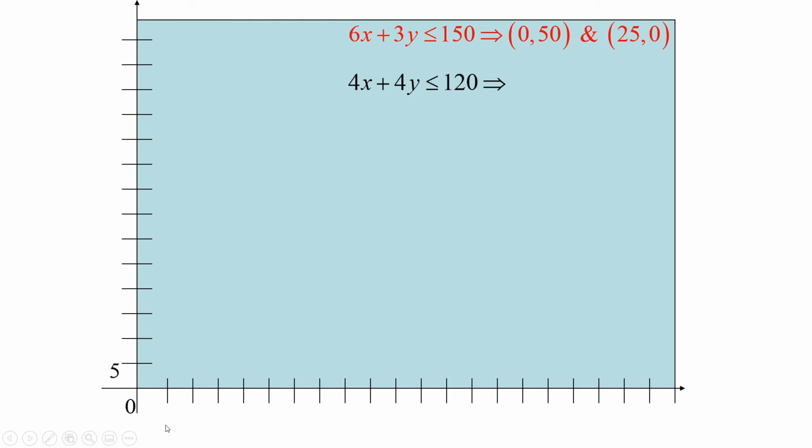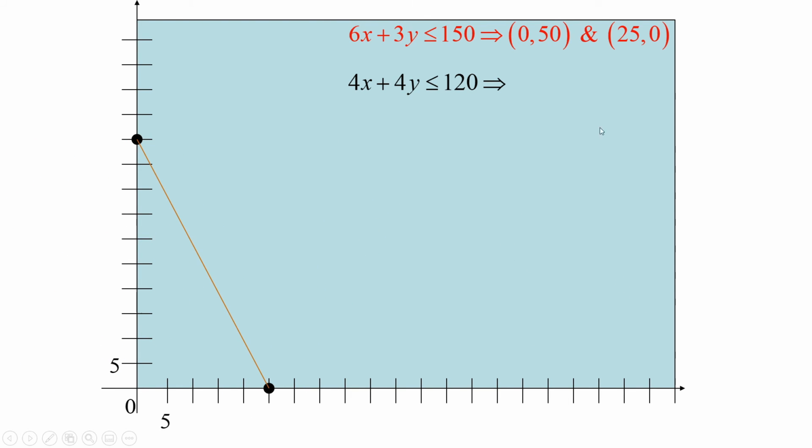So my y-intercept is 50: 5, 10, 15, 20, 25, 30, 35, 40, 45, 50. And my x-intercept is 25: 5, 10, 15, 20, 25. And there's my first boundary line.